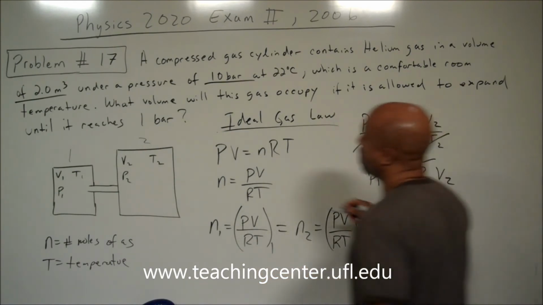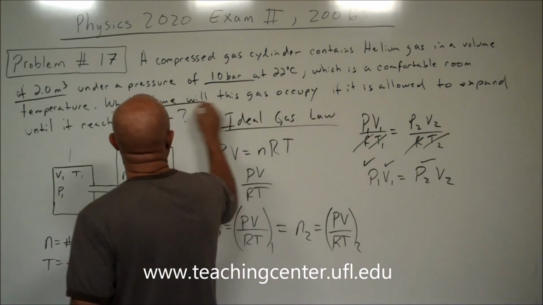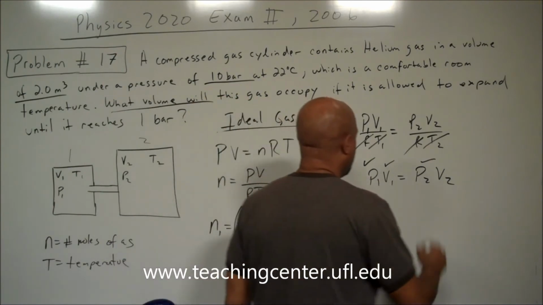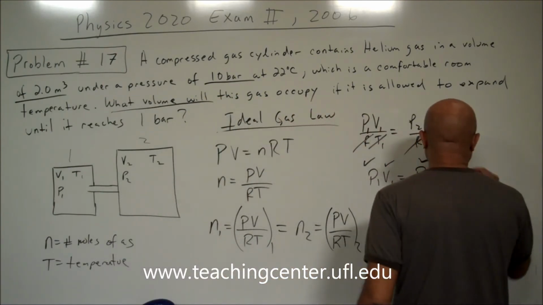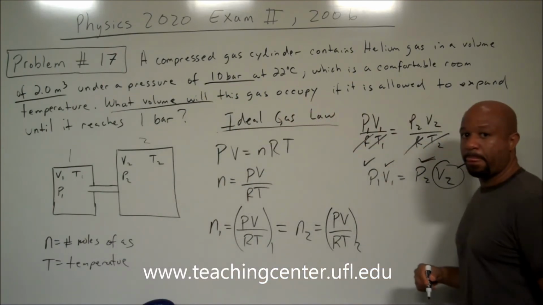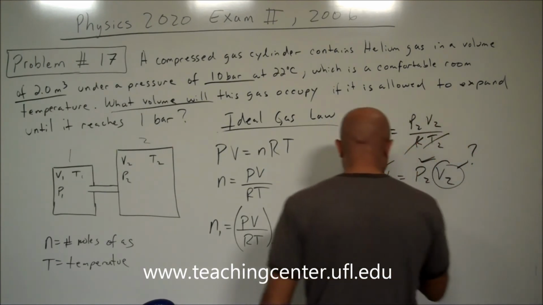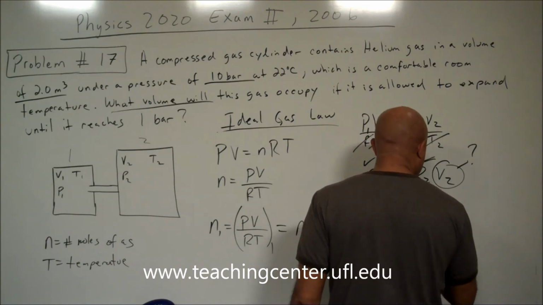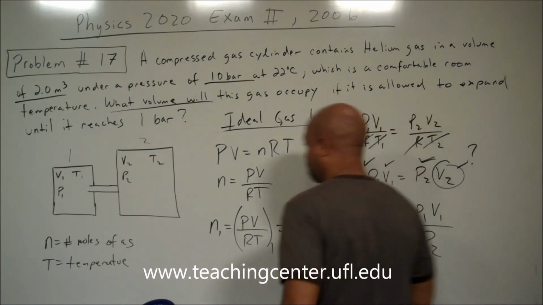They're asking what the volume of that second tank will be, so we're trying to find V2. We can solve this equation for V2 equals P1V1 divided by P2.